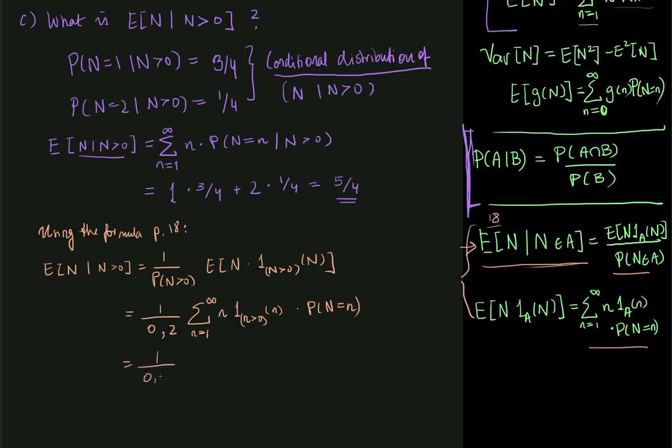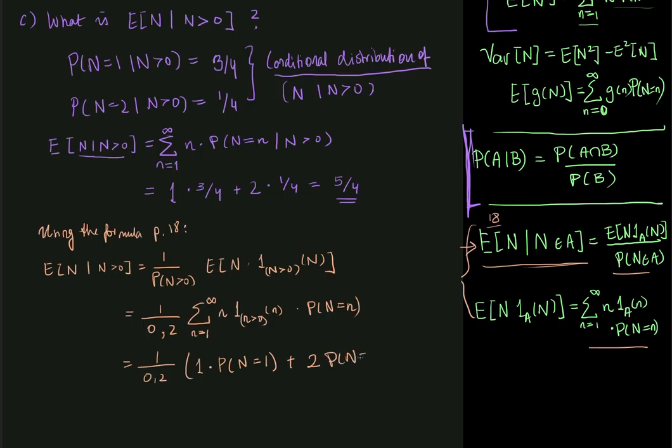And this is equal to, well, for n equal to 1, this indicator evaluates to 1. So that's good. And then we have the probability that n equals 1. And also for n equal to 2, this indicator also evaluates to 1 since 2 is indeed greater than 0.